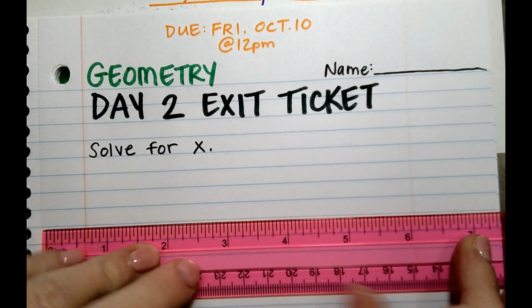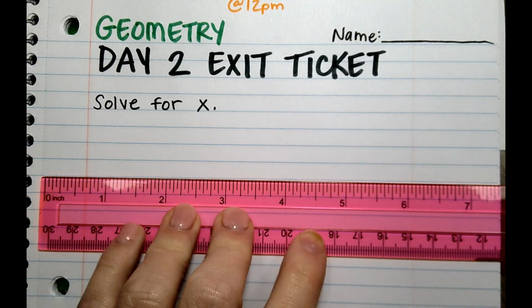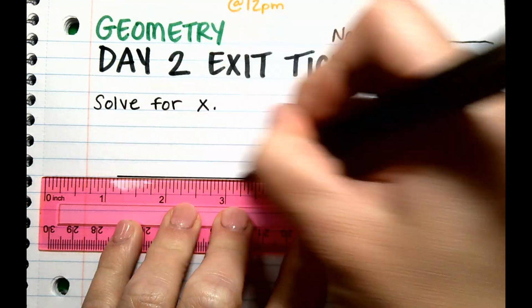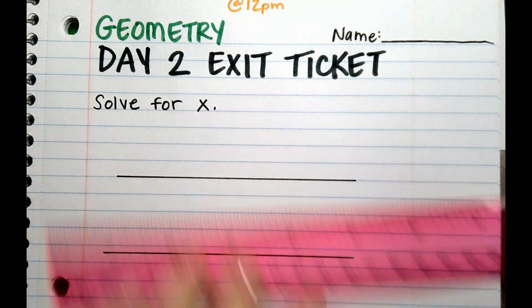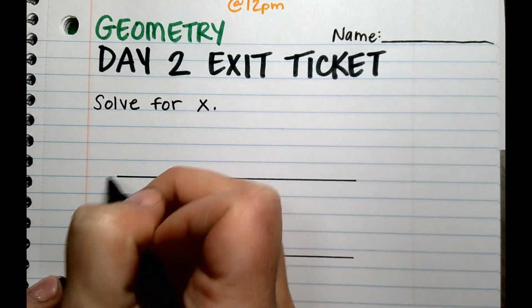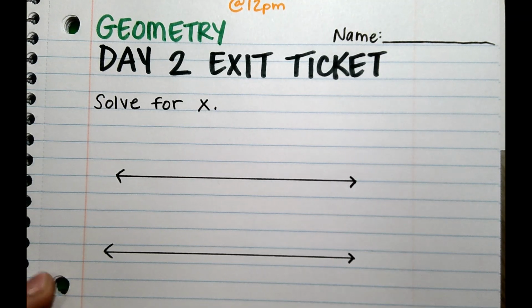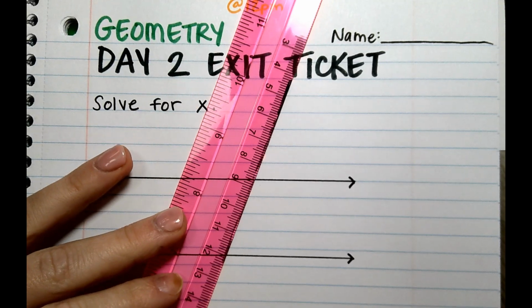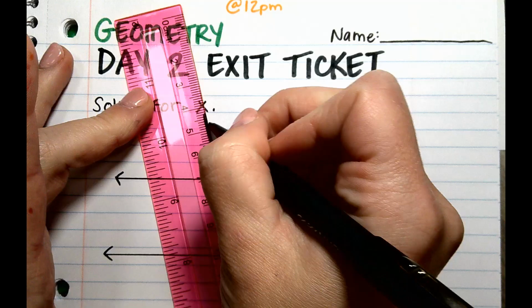Just going to give myself parallel lines. A trick for parallel lines, if you just don't move your ruler, you can draw them both at the same time. Just like that. And then I'll make it look kind of like the picture on the paper.